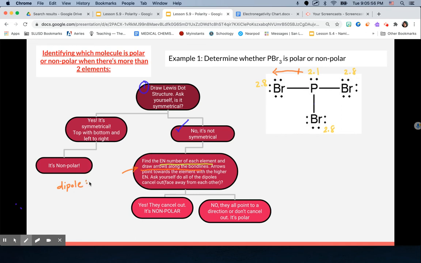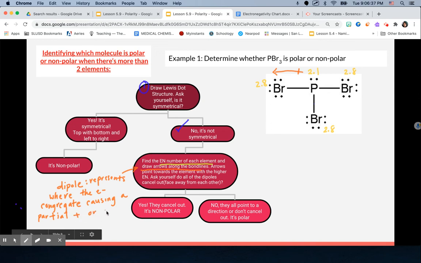A dipole arrow represents where the electrons are congregating, basically where they go together, causing either a partial positive or negative charge, right?